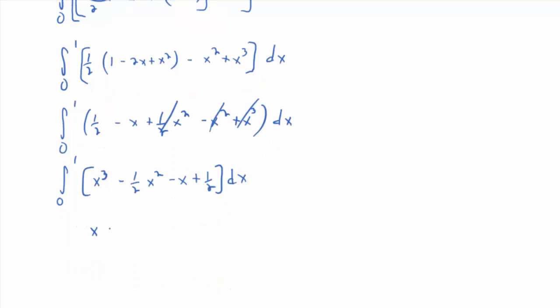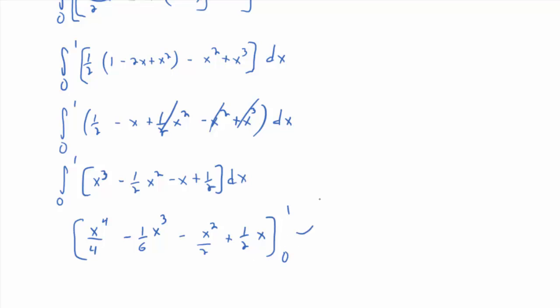Integrate, what do we get? So x to the 4 over 4. I don't know why, but I wrote it as 1/6 here and then divided by 4 here. I should be more consistent. And then x squared over 2, and then 1/2 x, and then evaluated from 0 to 1.